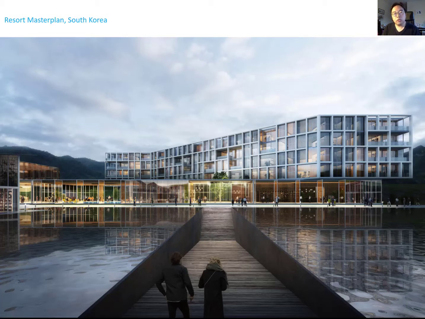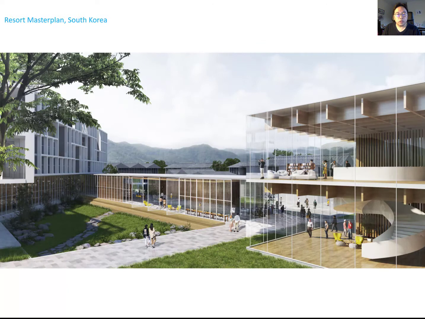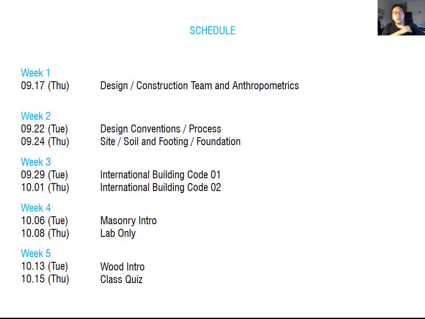We also try to provide a grand access from the mainland, so that's why we try to make these buildings more floating over the water. We also designed the amenity here. You can see the swimming pool, and we designed a courtyard space between the hotel and this amenity space here. So let's talk about the schedule.